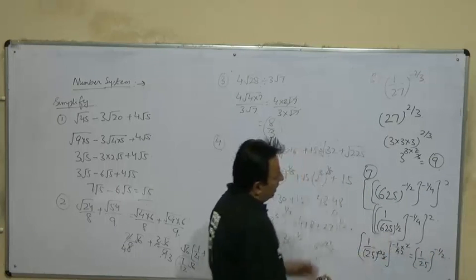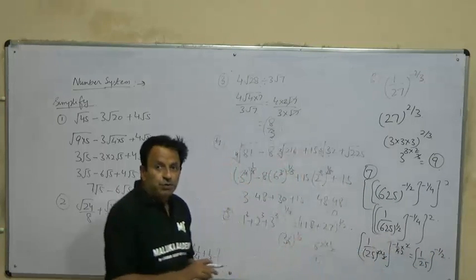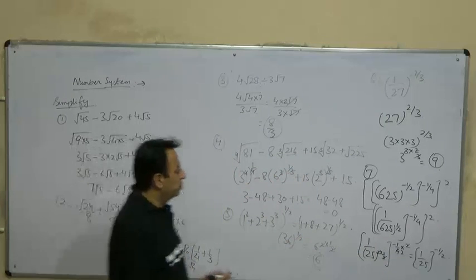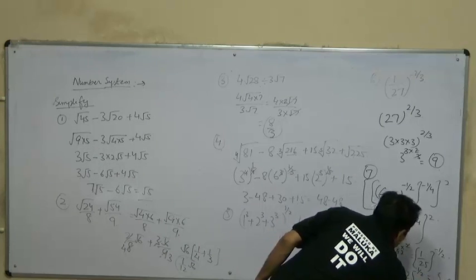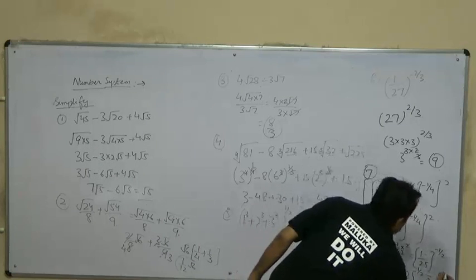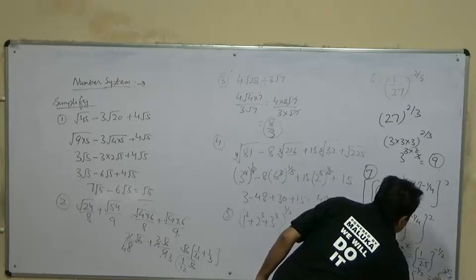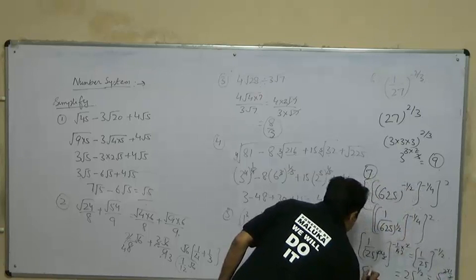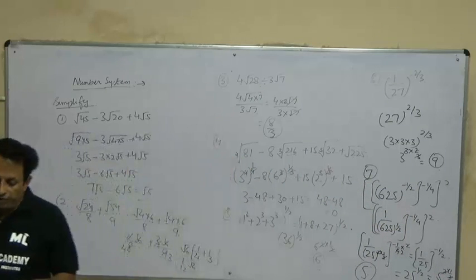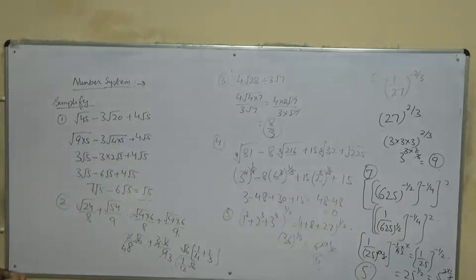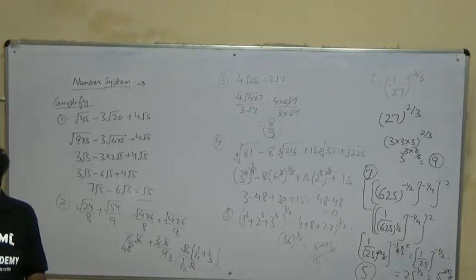Now again we take the reciprocal to change the power. So this will be 25 raised to power 1 by 2, which is 5 square into 1 by 2, this cancels out. So the answer comes out to be 5. So just take a look at this and then we will move to the next part. We will do more questions on simplification.